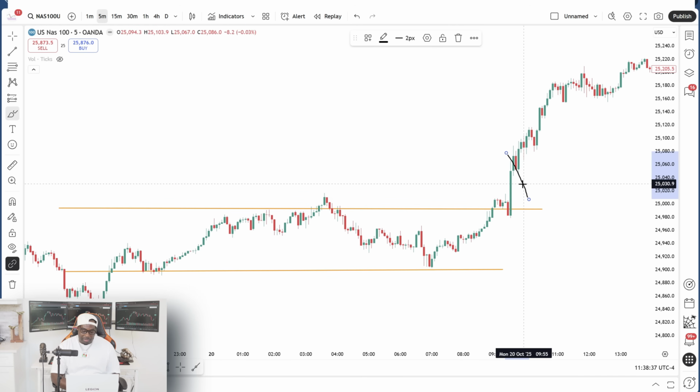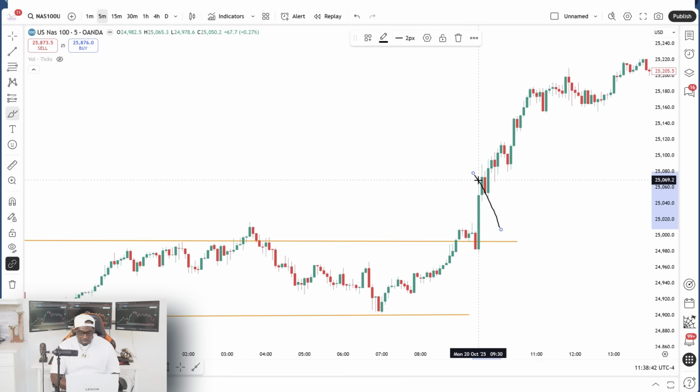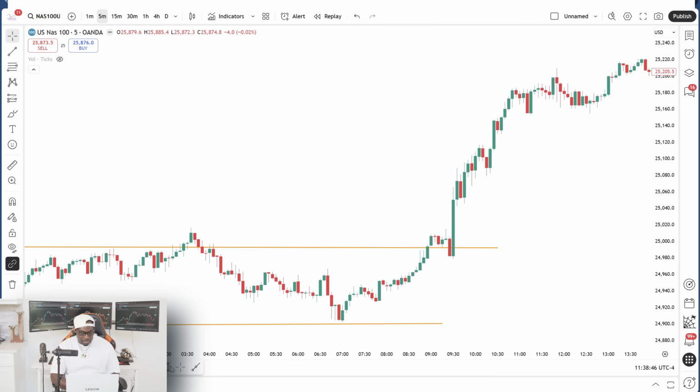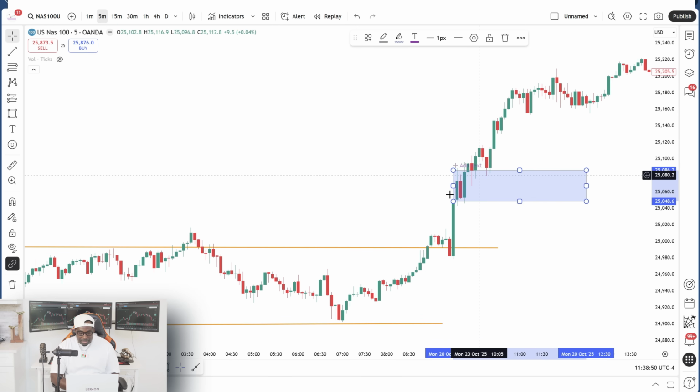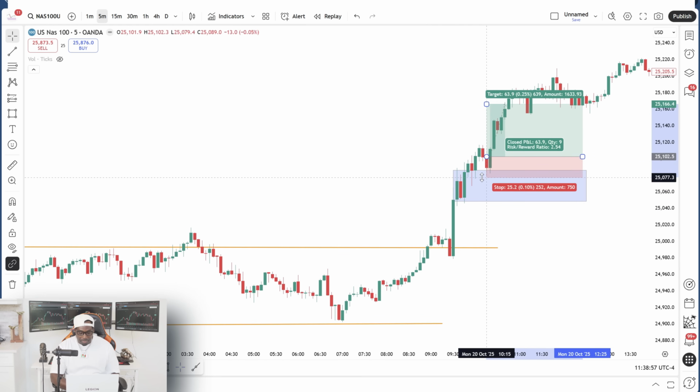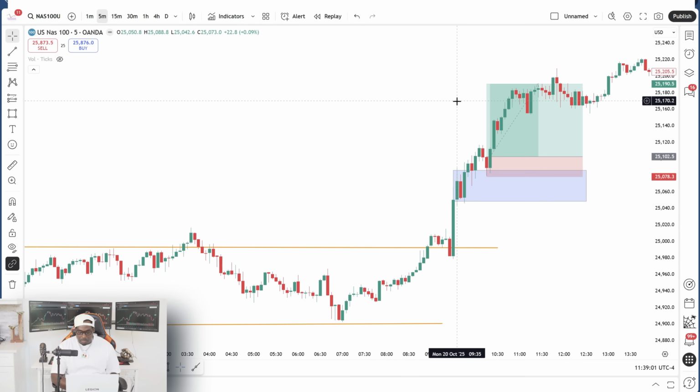Well, if you notice that it can't pull back, most likely it's going to form another level. So here's another level where we have another demand level right here. And when it pulls back to that demand level, you can actually attack that, okay? And you can go long at that demand level for your 2 to 1, 3 to 1, whatever you're looking for.